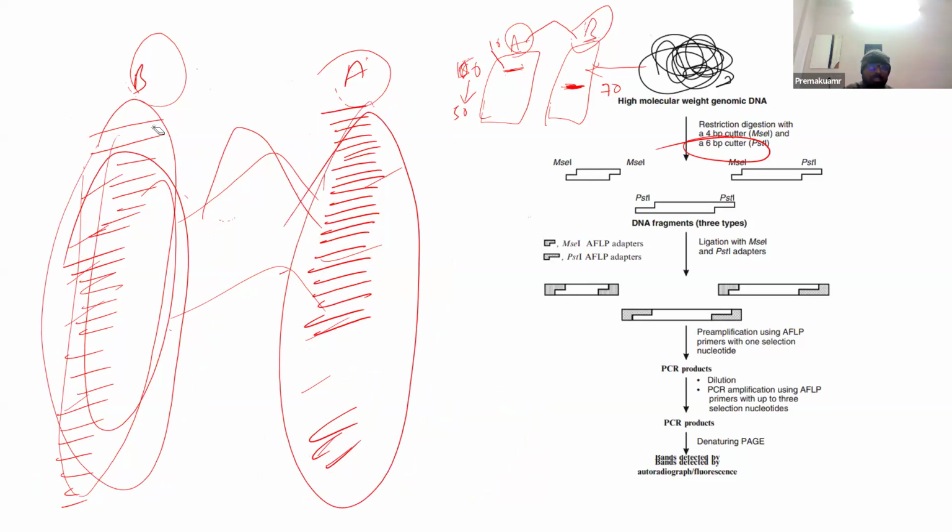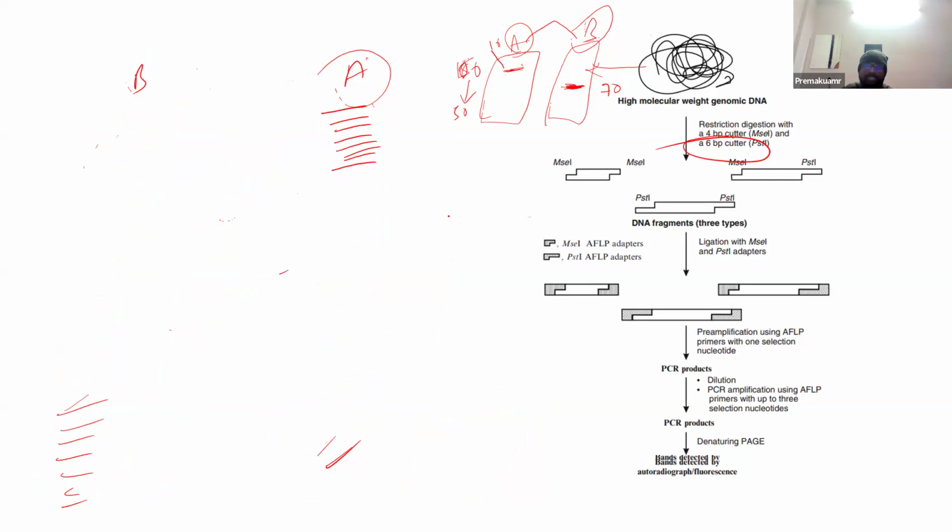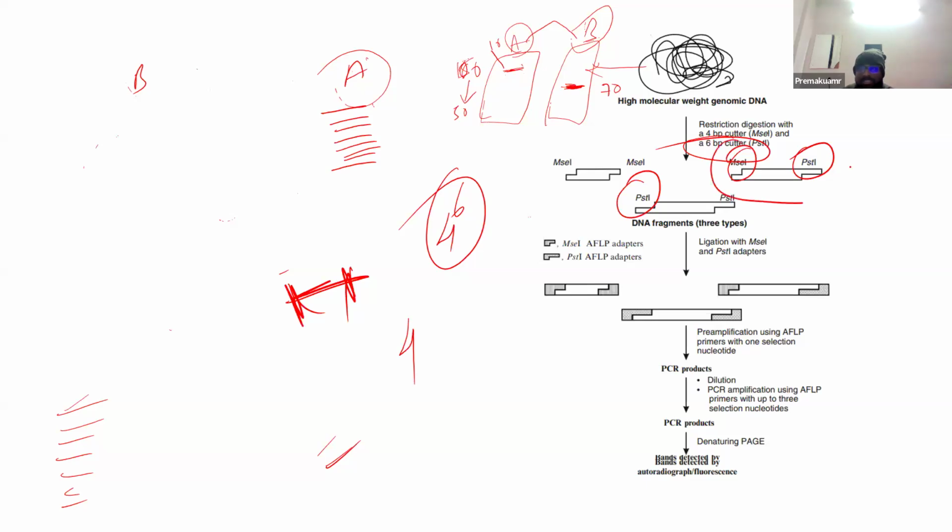If you use restriction, the probability of having one restriction site is 4 to the power of 6. But the probability of having both the restriction sites, say PstI and MseI, this type of fragment is very, very low. Anybody getting the point?